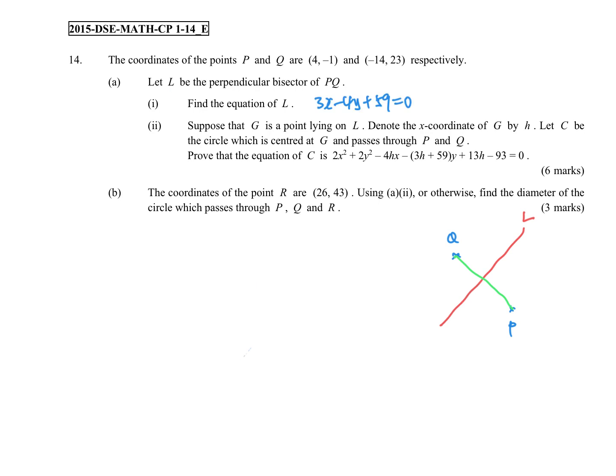So we have A2. Suppose G is a point on L, in which the x coordinate of G is h.